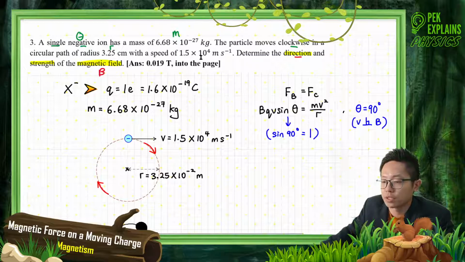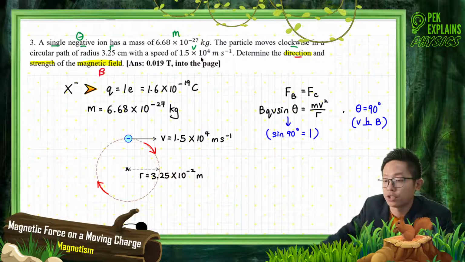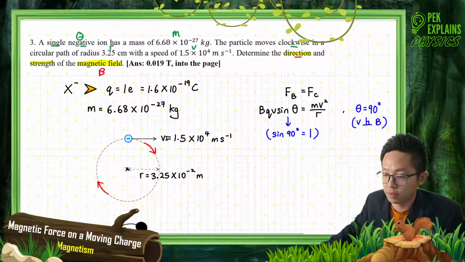And also it gives us a speed. This is the V, speed of the negative ion, 1.5 × 10^4 meter per second. So I already have the speed.